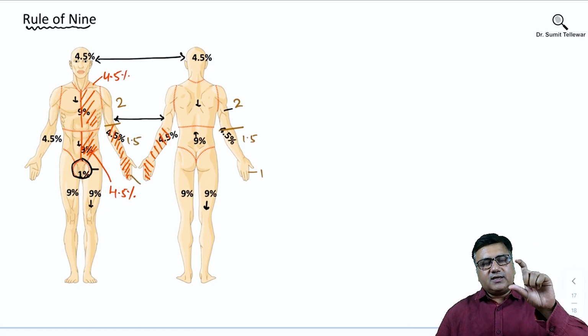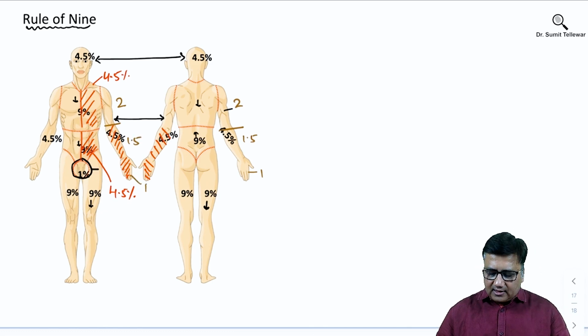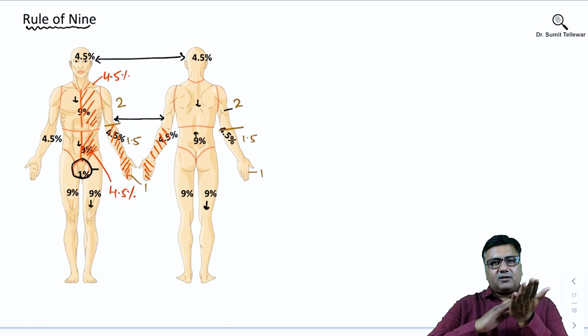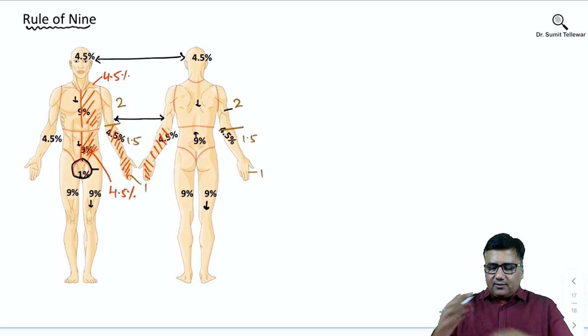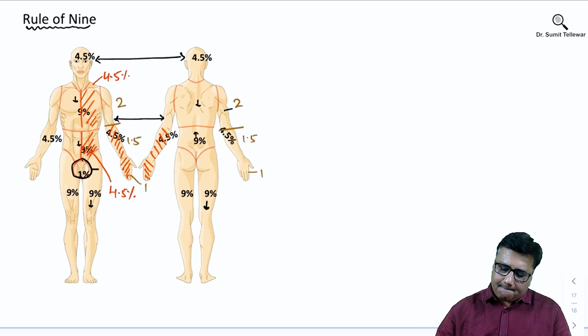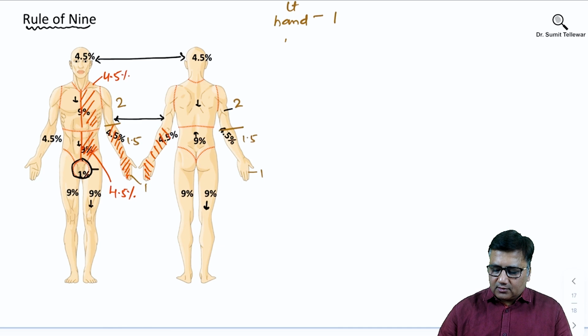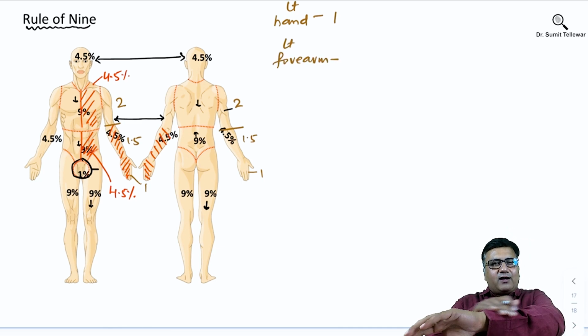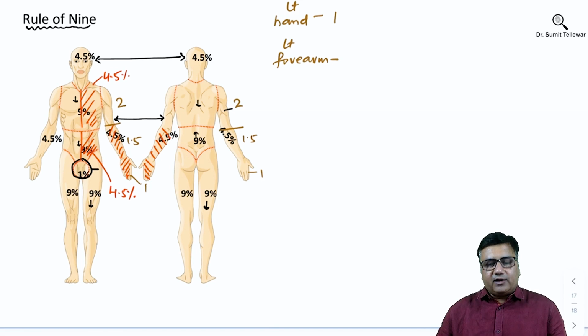So what we see in the question is that the left hand is burnt. So left hand is, front is 1, back is 1. So left hand is 2. Then left forearm is 1.5 for the back of the forearm, 1.5 for the front of the forearm.